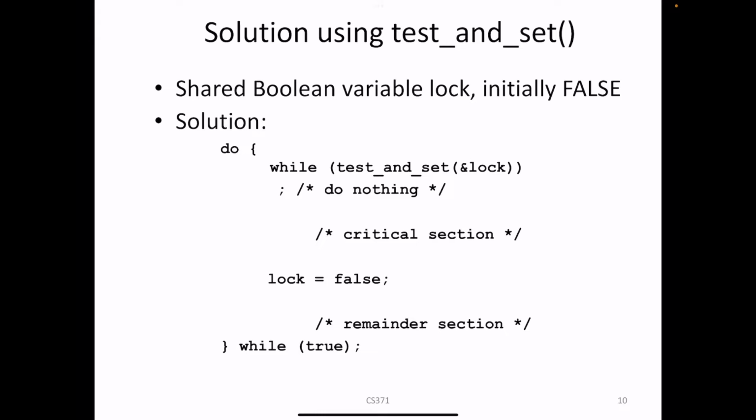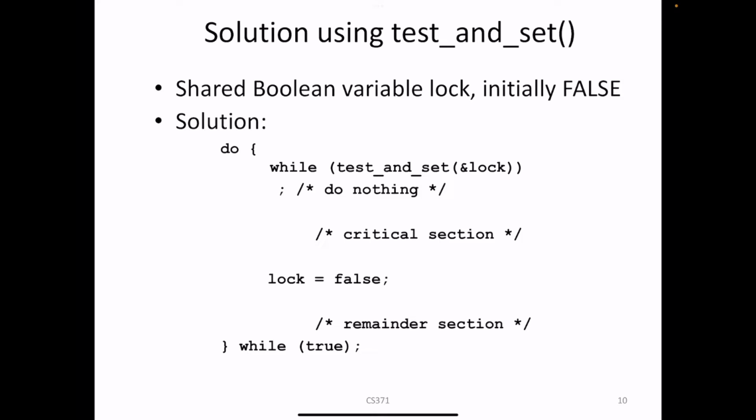For illustration purposes, let's look at two processes, P1 and P2. Let's assume P1 is on the CPU first. When P1 executes the while loop instruction, test and set returns the old value of lock, which is false, then sets the lock to true. Then P1 gets out of the while loop and runs in the critical section.